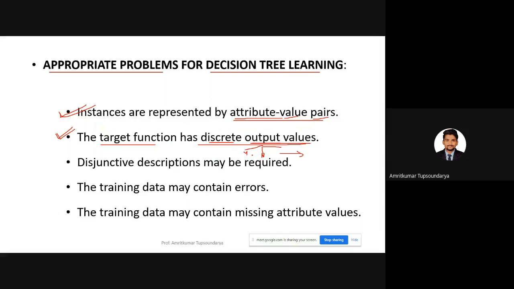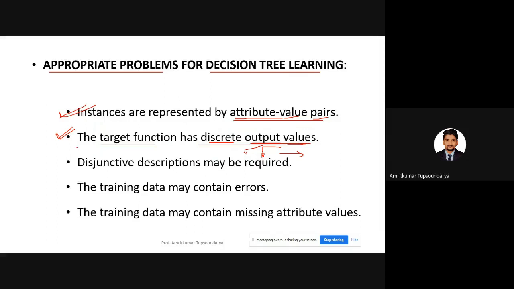But the application of decision trees in this setting, with numerical values, is rare, very less common.